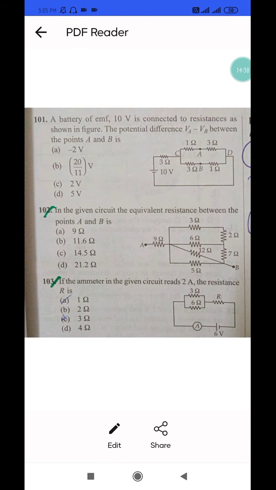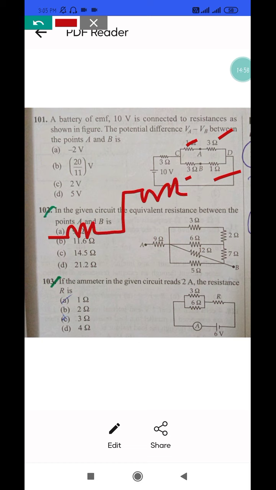In order to find the total current, we have to see which resistors are connected in series and parallel. This 1 and 3, and 3 and 1 in the above and below parts, are both connected in series connection. And the resultant of the entire system will be parallel with the corresponding one, right? Here in the numerator we have 4, and below we have 4, here we have 3.